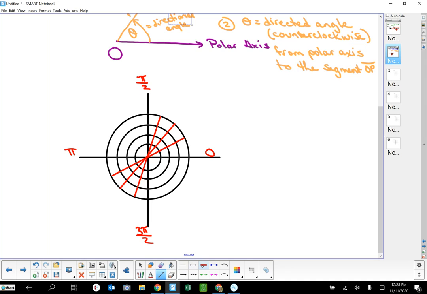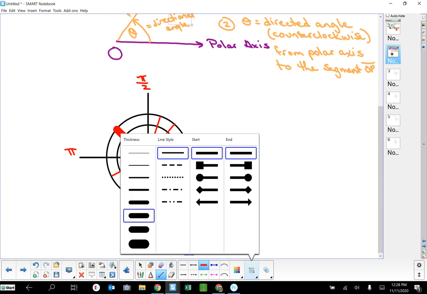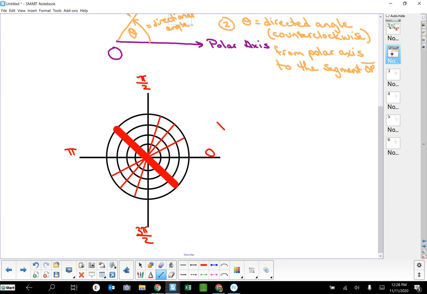So we're just constructing this. You should be constructing this on your paper also while I'm doing this. All right, let me fix that. Really quick, these are going to be pi over 6, which is 30, pi over 4, which is 45, pi over 3, and then you go around the unit circle.